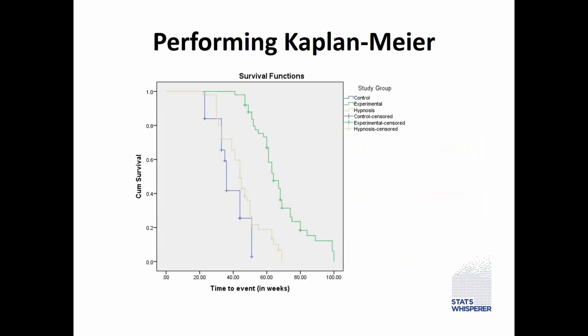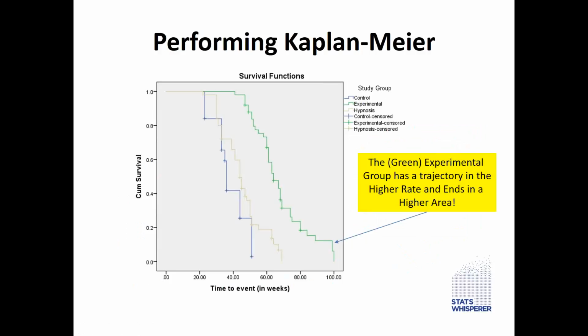Now we can actually look at this, which also comes out in the output. These are the actual curves, and what do they tell us? So the green is the experimental group. You can see their trajectory is far to the right, and it ends at 100. So what that's indicating is the average person in this group, when did they start smoking? Way out here. So you see time to event, 20 weeks, 40 weeks, 60 weeks, 80 to 100.